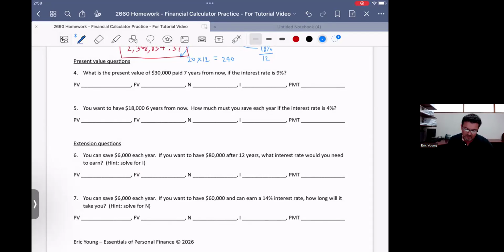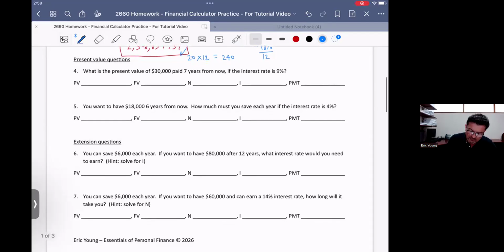So number 4, what's the present value of $30,000 paid 7 years from now at 9%? In other words, I promise to give you $30,000 in 7 years. Or in 7 years, you're going to need $30,000 for some goal or project.